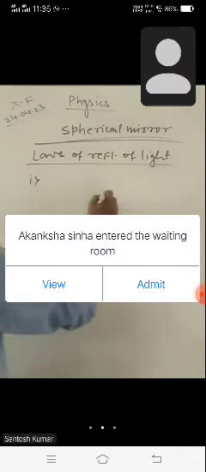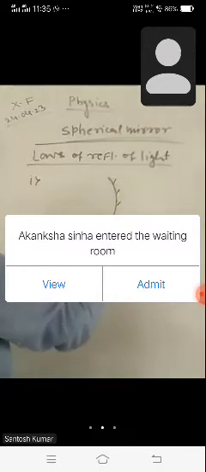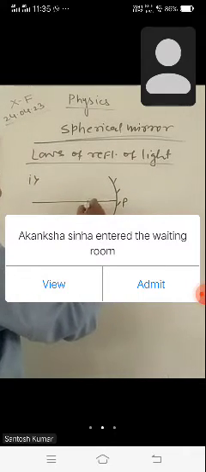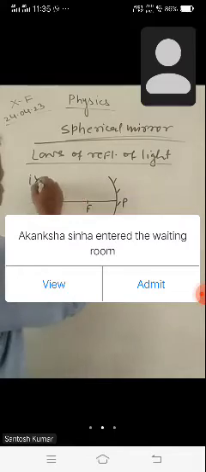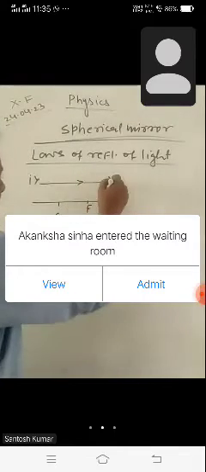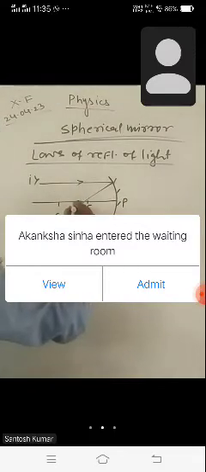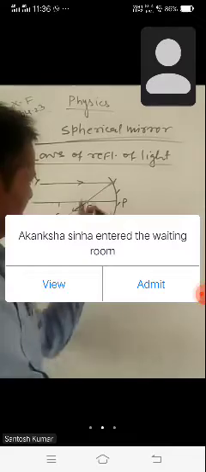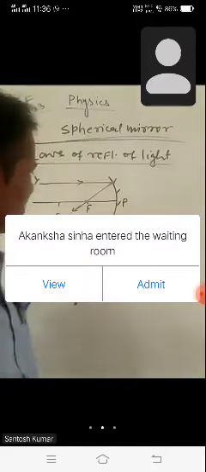Okay. So first see the first law. This is the concave mirror, P, F and C. First rule: a light ray parallel to the principal axis passes through the focus after reflection. When the light ray comes parallel to the principal axis, after reflection it will move to the focus.